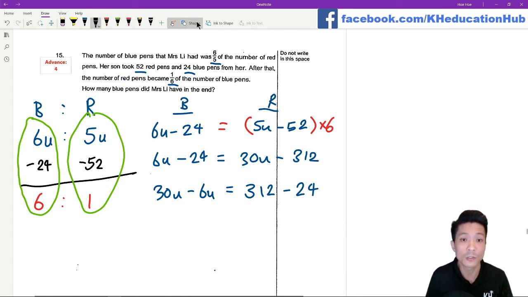This part over here, I'll try to explain using a model, if you don't understand, not using the shape. 6 units minus 24, and draw a model here.